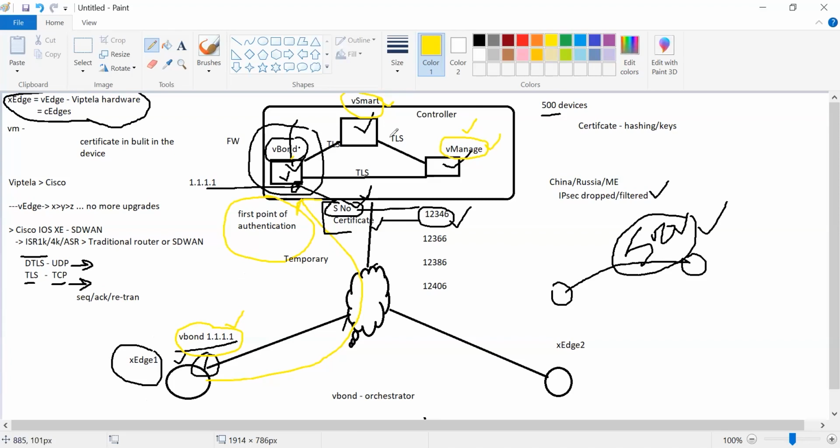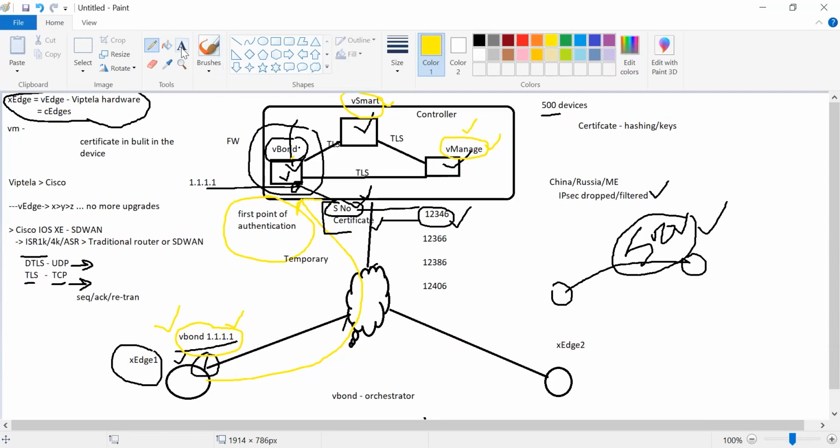Now, since vBond knows the vSmart and vManage details, its job is to share the vSmart and vManage serial numbers and IP addresses with xEdge. On top of this yellow tunnel, vBond would share the IP addresses as well as the serial numbers of vSmart and vManage with xEdge.